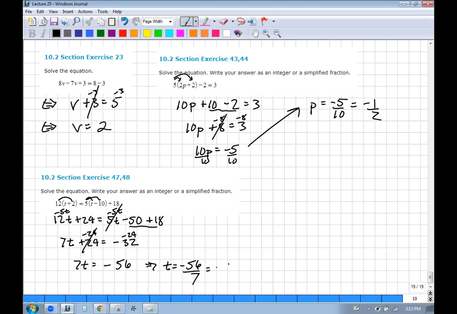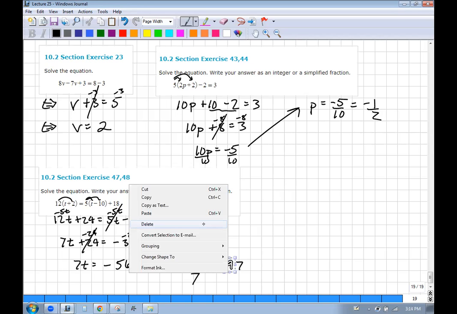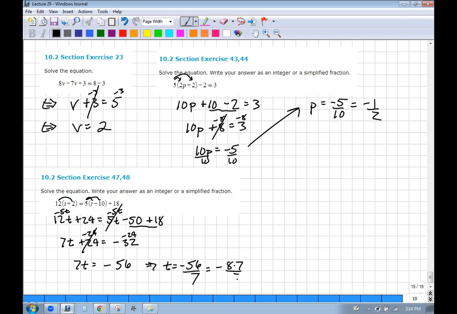Let's see, 56 is what? 9 times 7? 7 times 3 would be 21. No, it's not right. Is it 8 times 7? Can't remember my multiplication table anymore. Yeah. So I got negative 8.